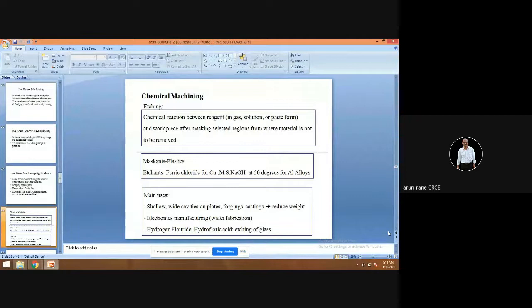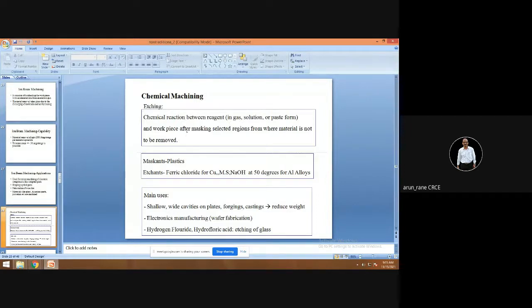So various steps in chemical machining are applying maskants, then use of etchants. Use of etchants means it will etch away, that is, it will corrode away the material which is to be removed. So in etching, what happens?